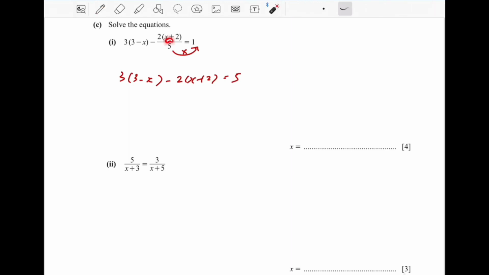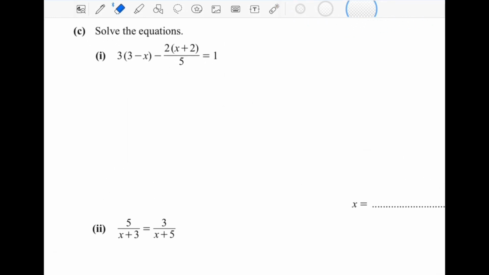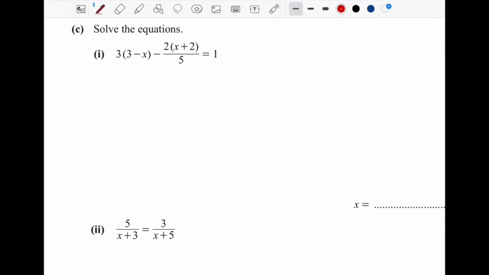Because the denominator here is over 5, but the denominator here is not over 5 but over 1. So you can't bring this 5 to the other side since they have a different denominator. But what you can do is to multiply the whole thing by 5. Then it makes sense.